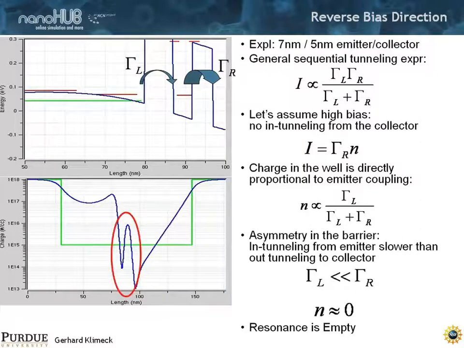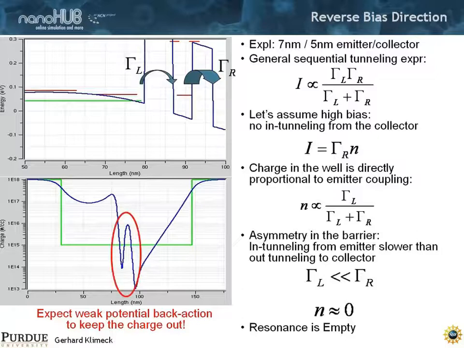If the charge profile changed dramatically, the potential will change. We had argued before that if there's a lot of charge in here, it changes the lever arm of this RTD. So if the lever arm changes, your IV will change.